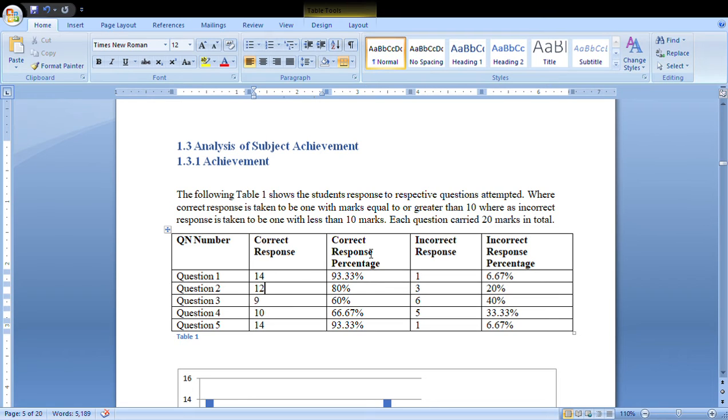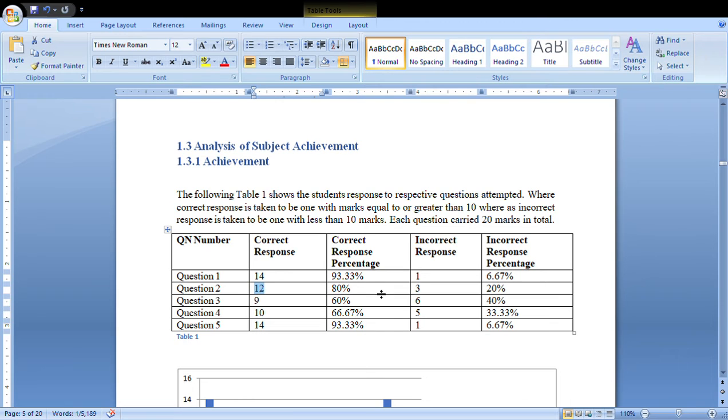To get the correct percentage, you take 12, the number of students who had a correct response, and divide that by 15, which is the total number of students who attempted this exam, and then you multiply that by 100, and you will have 80%.